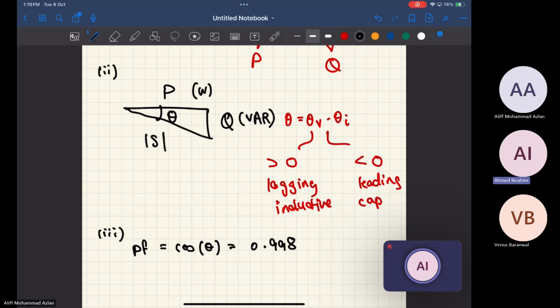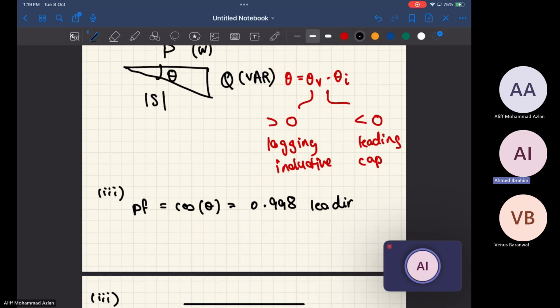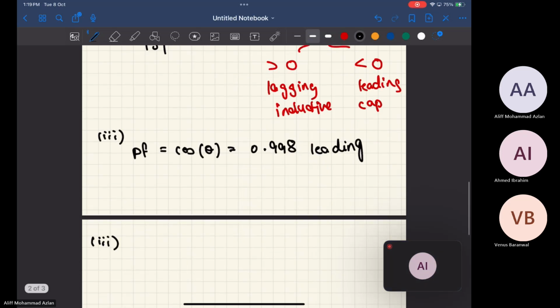You might not get full marks if you just write that, because usually when we write power factor, we want to specify, is it leading or is it lagging? The reason for that is cosine is an even function. So when you take cosine of 50 or cosine of minus 50, it gives you the same result. So in this case, we need to write leading. And again, that's because theta is negative. Okay, cool.